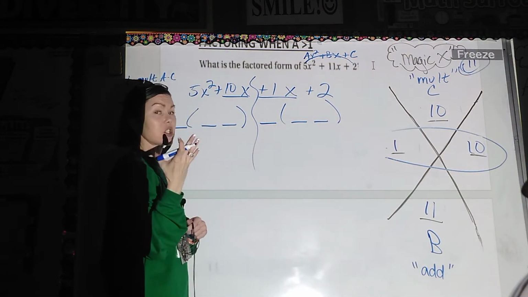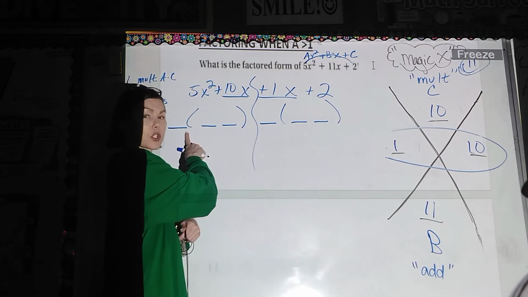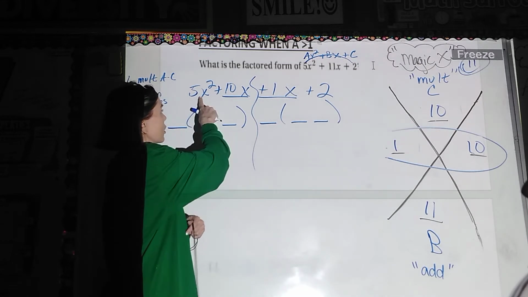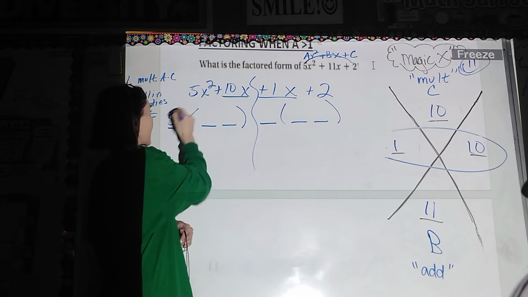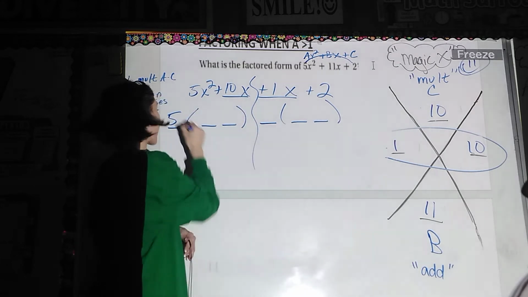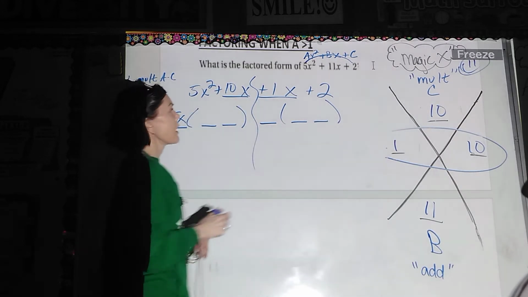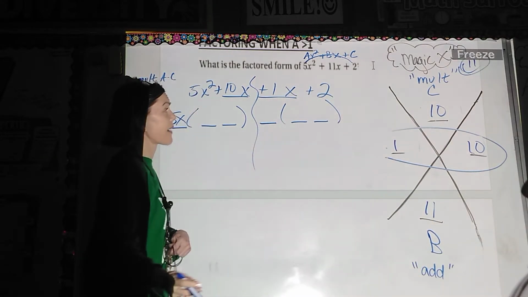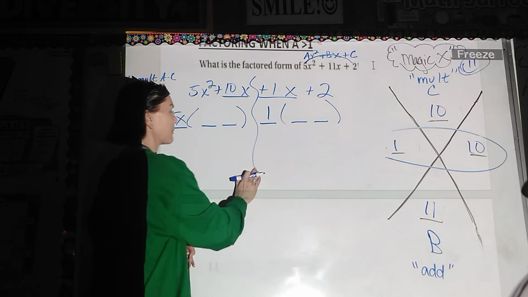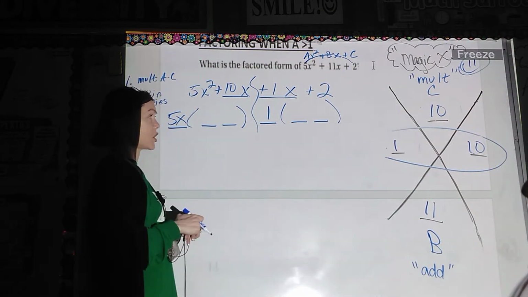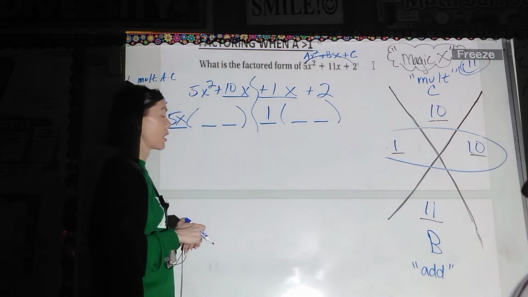So what do these two terms have in common? Well, they're both multiples of 5, and they both have the variable x, so we're going to put 5x there. What do both of these terms have in common? I would say that's 1. That's the GCF for both of those terms.